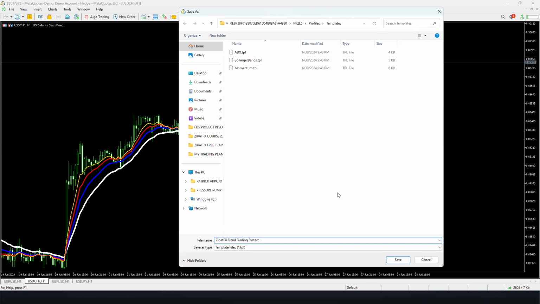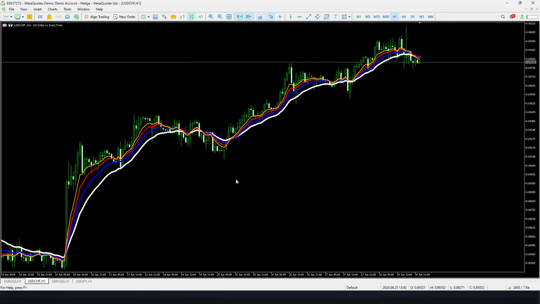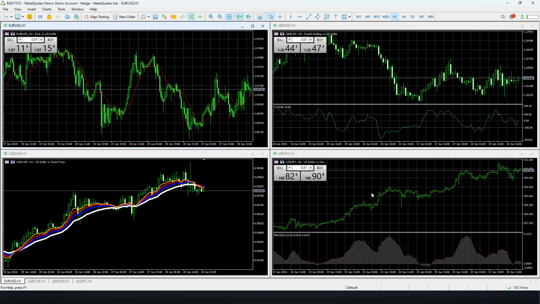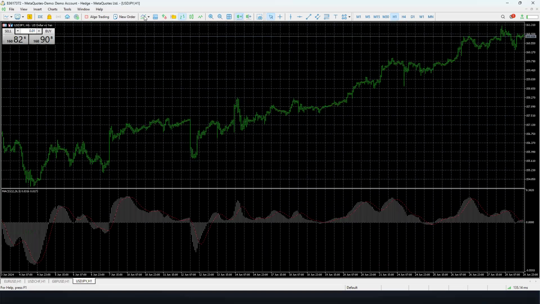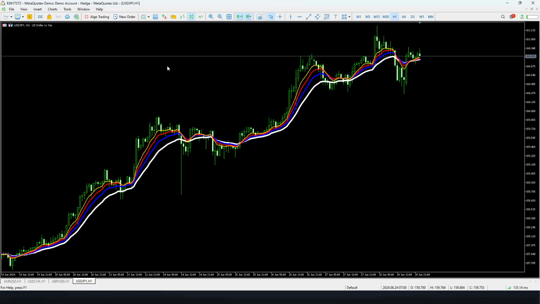Then you say save. Now as I save it, anytime you come here, that trading system is there. Even if I go to any of these charts, this original chart that came with it, and I say apply the Zipat template, all I need is just come here, click on it, and it changes.